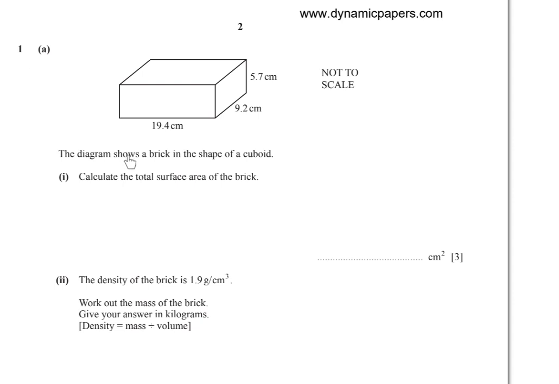1a. The diagram shows a brick in the shape of a cuboid. Calculate the total surface area of the brick. We have a formula to find the total surface area of a cuboid. Surface area equals 2 bracket length times width plus width times height plus length times height.